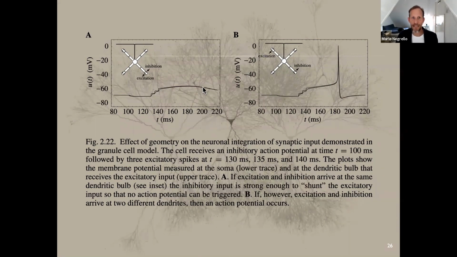What we see is that if you excite and inhibit at the same time, but in different dendrites, in this particular cell model you actually produce a spike, but you do not if inhibition and excitation coincide in the same dendrite. This gives yet another degree of freedom, a complex degree of freedom, for synaptic interactions at the level of dendritic trees.